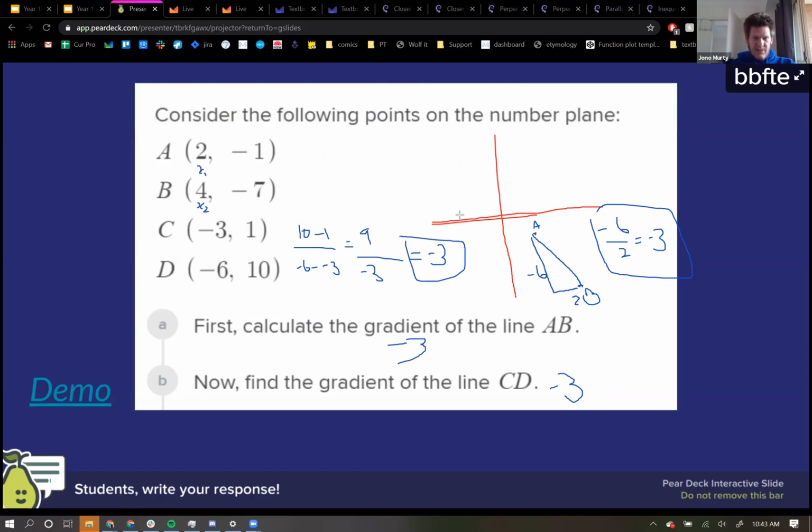C, -3, 1 there. D, -6, 10 up here. And even in this very rough drawing I've done, you can see that these two lines are parallel. If I drew it properly, definitely would be parallel.